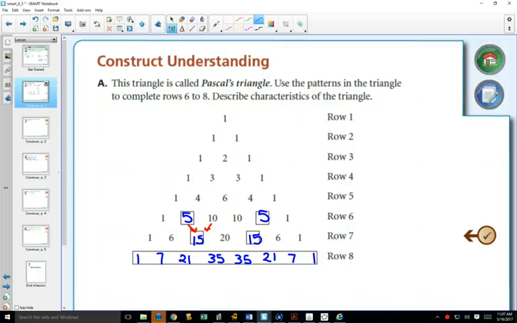Some other things that are cool with this is if you look at other diagonal rows, like this diagonal row, 1, 3, 6, 10, 15, those numbers have a name as well. Has anyone ever heard of those numbers? Well, you've heard of those numbers, but do you know what that sequence of numbers is called? Well, those are called the triangle numbers.